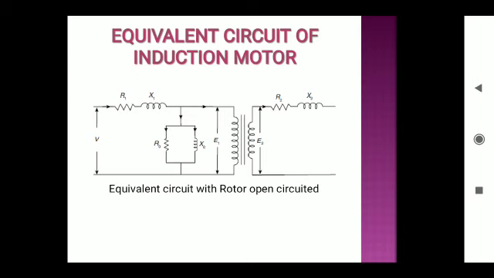R1 is the primary resistance, X1 is the primary reactance, R0 is the core resistance, and X0 is the core reactance. Here is the core, the air core. E1 is the primary induced EMF and E2 is the secondary induced EMF. R2 is the secondary resistance and X2 is the secondary reactance at no load condition or at open circuit condition.